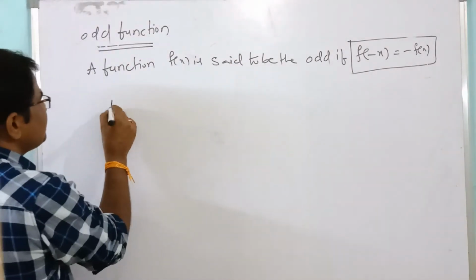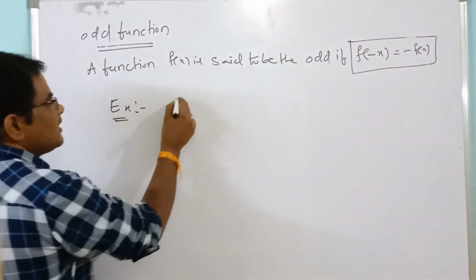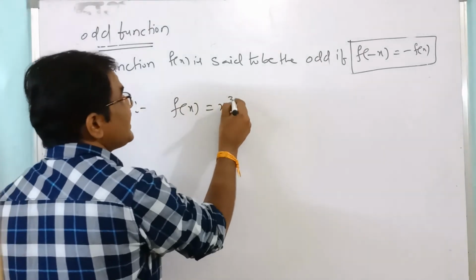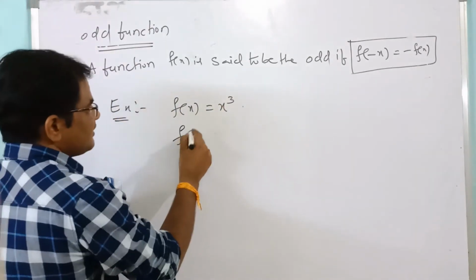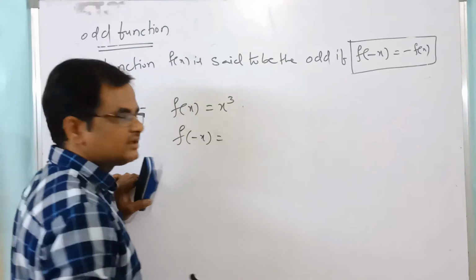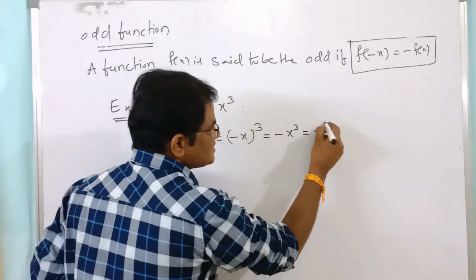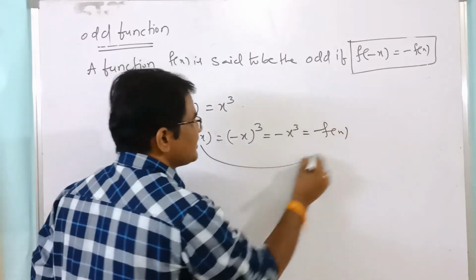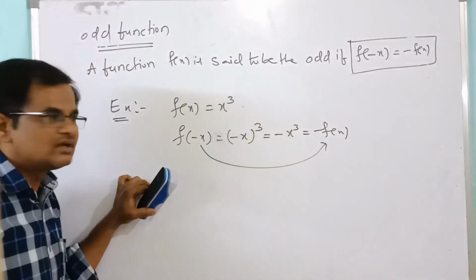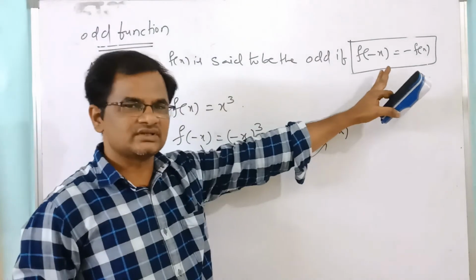Take one example, f of x equal to x cube. Replace x by minus x, what will you get? Minus x whole cube, which is minus x cube, which is equal to minus f of x. So f of minus x equals minus f of x. That's why f is an odd function.